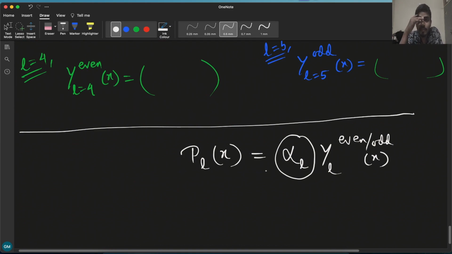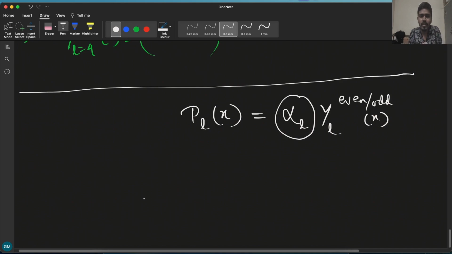So what do we mean by normalization? That I will discuss in some later classes. In case of a vector, by vector I mean Cartesian vectors, with direction and magnitude, normalizing a vector means finding a unit vector along that direction. What it means for these functions, I will discuss in a later class.